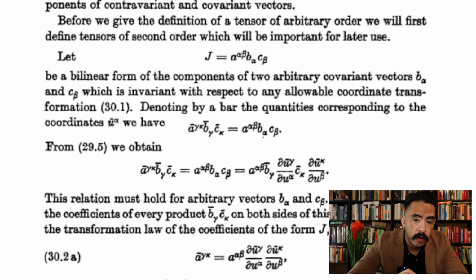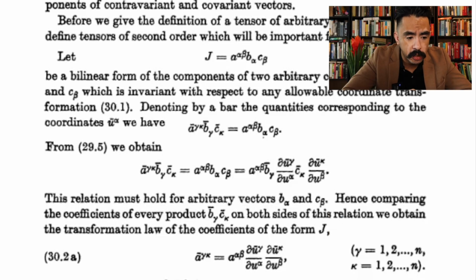From the previous covariant transformation form, we obtain a over bar gamma kappa times b over bar sub gamma times c over bar sub kappa equals a alpha beta times b sub alpha c sub beta, which is equal to a alpha beta times b over bar sub gamma times partial u over bar gamma partial u alpha times c over bar sub kappa times partial u over bar kappa partial u beta.